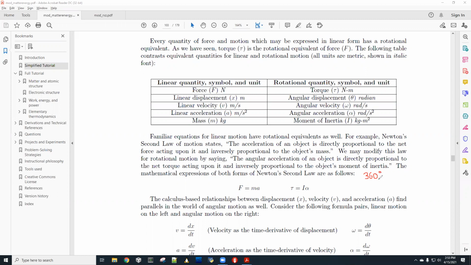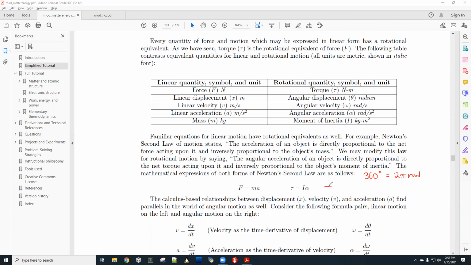We also know that one full circle is 2 pi radians. So if we're going to use degrees as the unit of measurement for, in this case, angular acceleration, we would have to include a conversion factor to convert from degrees into radians so that the rest of the units would work well together. So our equation would look something like this.